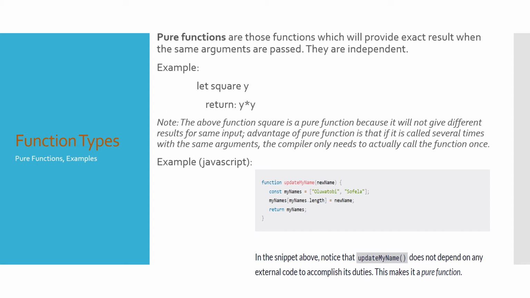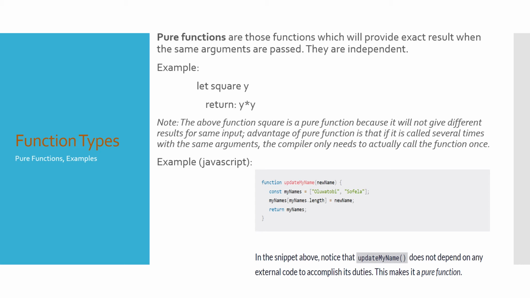For example, we're going to square a variable y, and you return that answer, as you can see written, y multiplied by y, which is y squared. This is an example of a pure function because it will not give any different results for the same input.